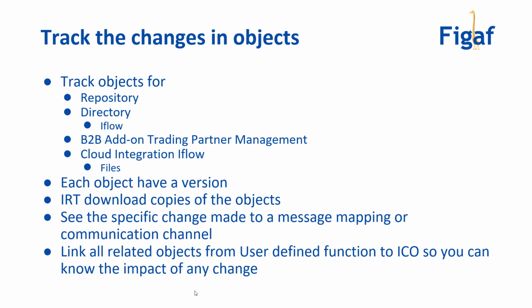And whenever you do a new refresh, you'll see all the different changes that have occurred, download them, and then users would be able to see what was the difference between the different versions that it has downloaded. And with this, you can see what was the specific change that was made either in a communication channel or message mapping. And there's a link in these that shows you where this was actually used.